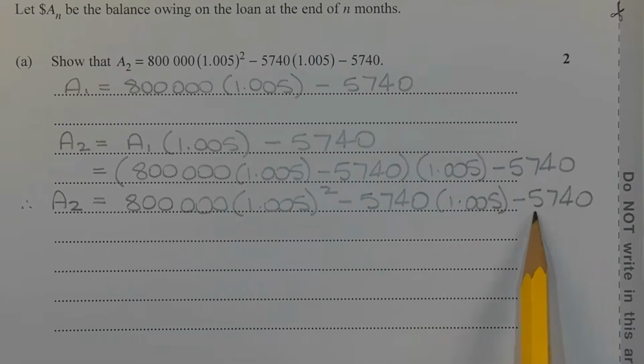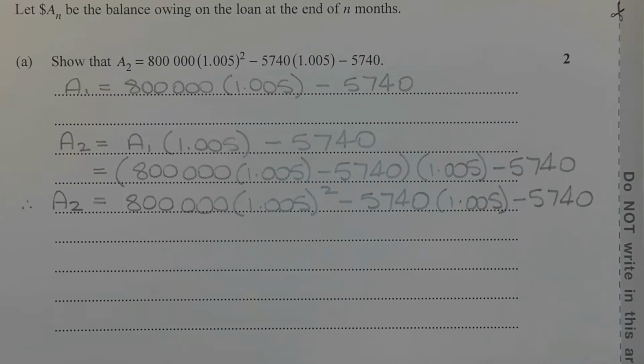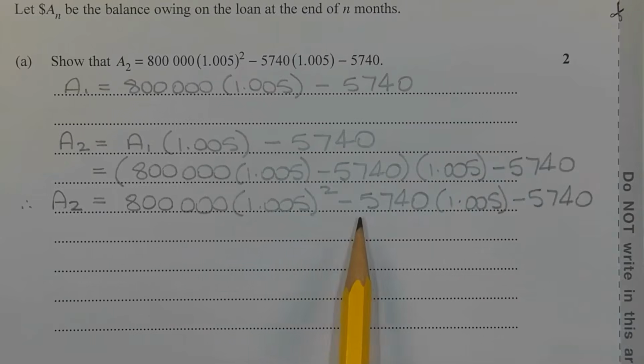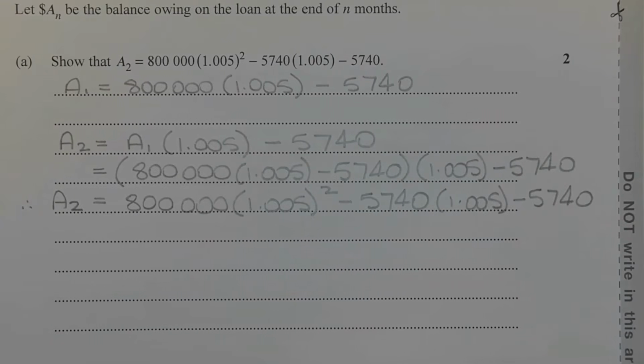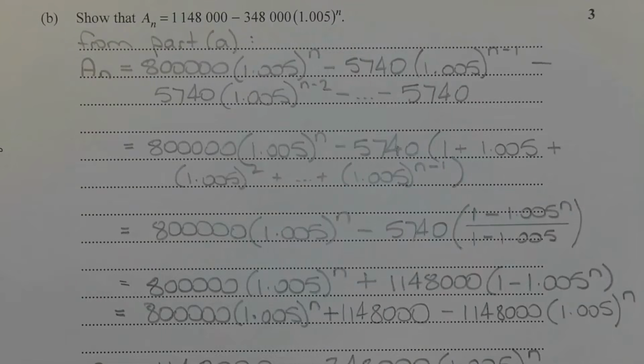And then we take away 5,740. So if this was A3, it would be A3 equals 800,000 times 1.005 to the power of 3 minus 5,740 times 1.005 to the power of 2 minus 5,740 times 1.005 minus 5,740. Now, I did not show the expression for A3, but we have enough here that we can generalize an expression for AN.